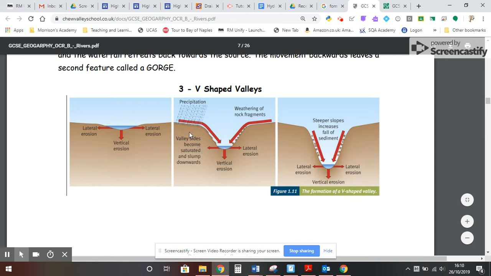And as this water flows, it's going to mix with the soil. And the soil is going to become very heavy and waterlogged, and will start to slump, or slip as it's called, down the slope. And as that mud just gradually slips over the years, as soon as it gets to the river the water will then wash it away. So the actual physical sides of the valleys are slipping down the slope towards the river because they're saturated with water.